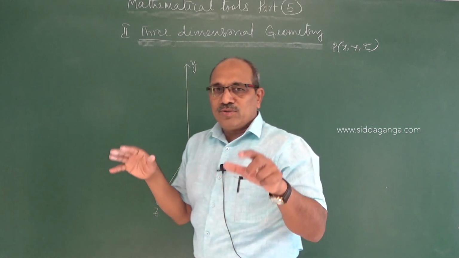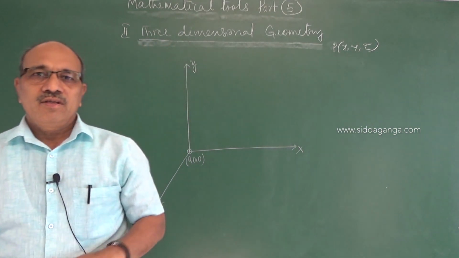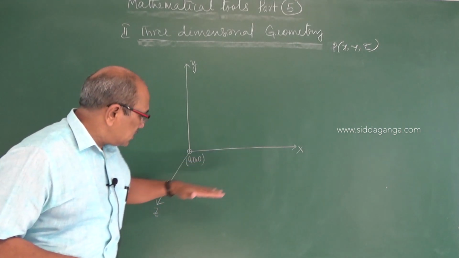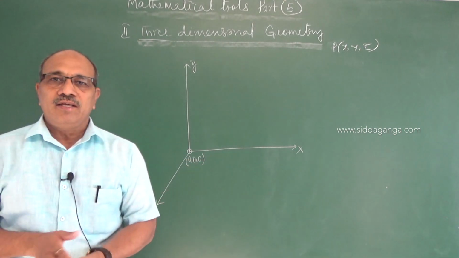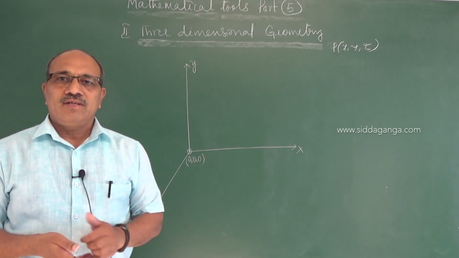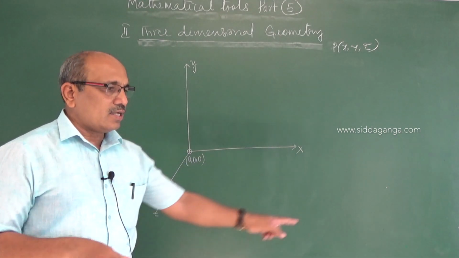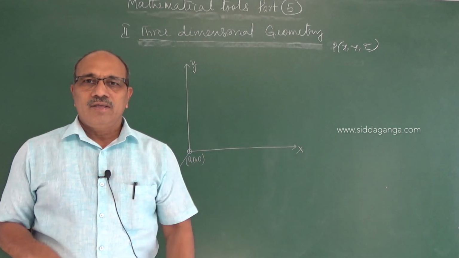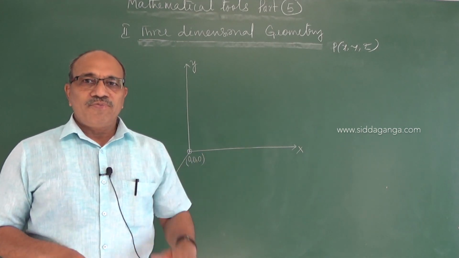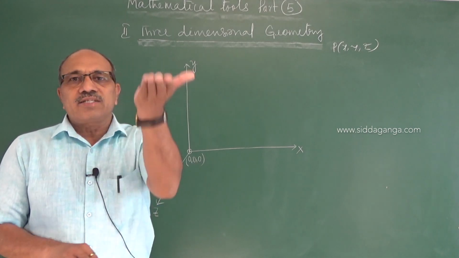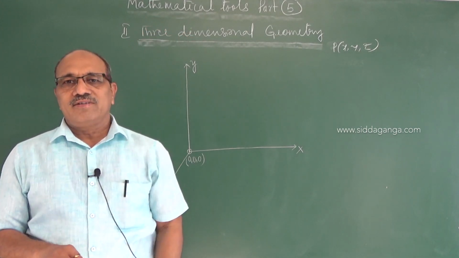If you want the y coordinate, we have to move perpendicular to the xz plane. Better, imagine you are in a room and the xz plane is your floor, one direction x and the other z. If you want the y component, you have to rise upward along the y direction.